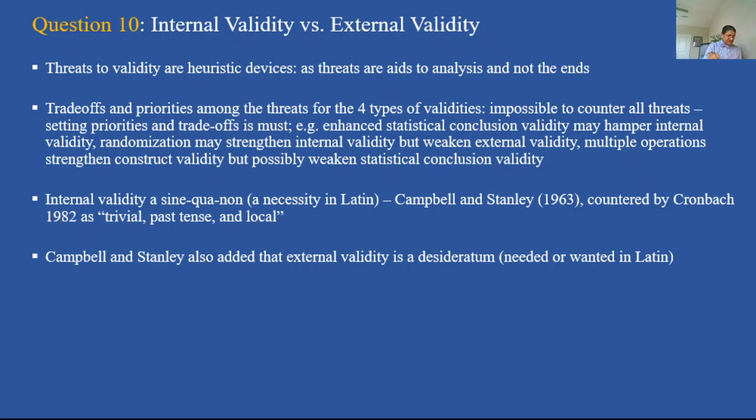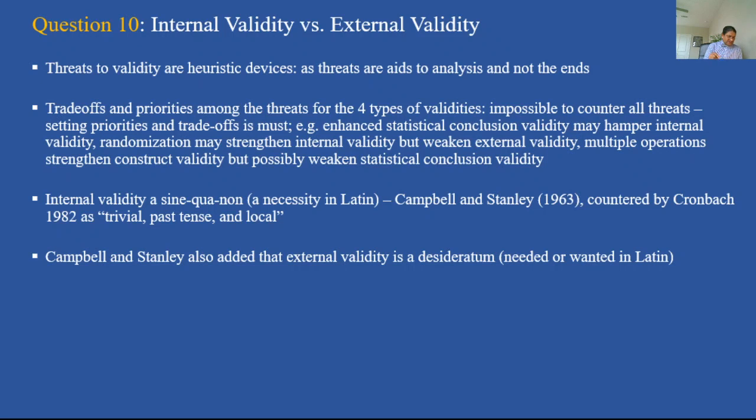If the focus of the study is internal validity, then internal validity is a sine qua non. But if it is external validity, then external validity is the sine qua non. And in today's world, where applicability of any research is the most important thing sought after, external validity has become much more important than internal validity because it's the so what of the experiment. So you found something, but so what? Is it applicable to other settings?